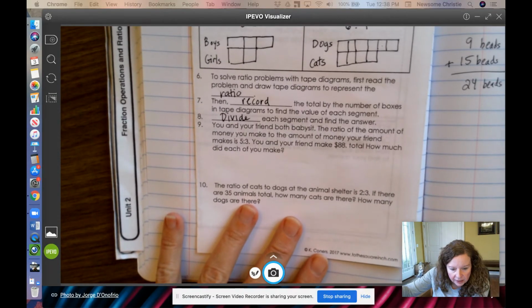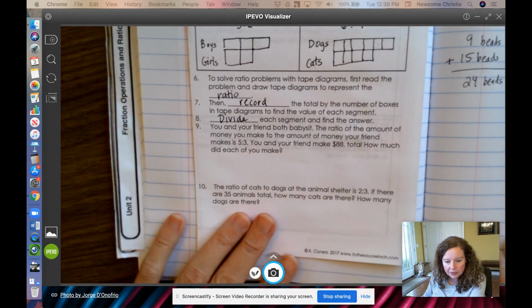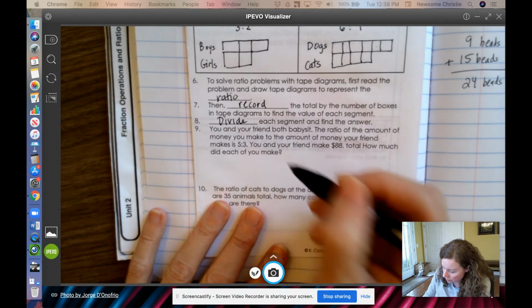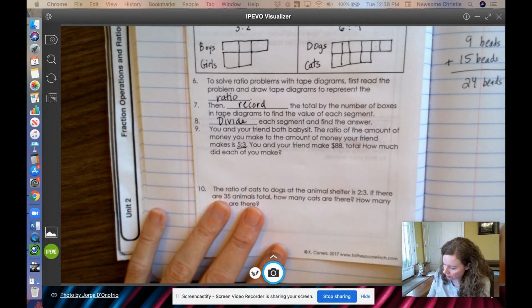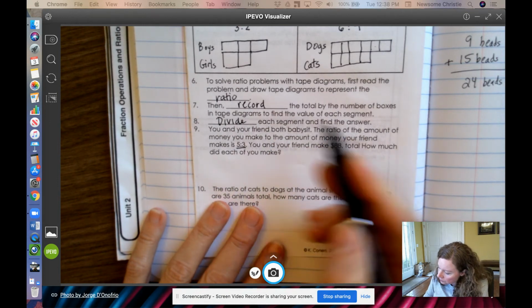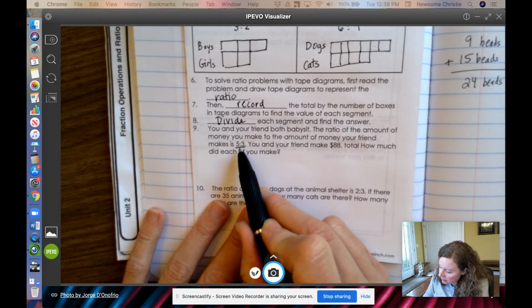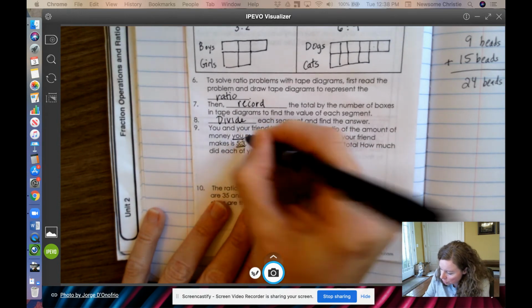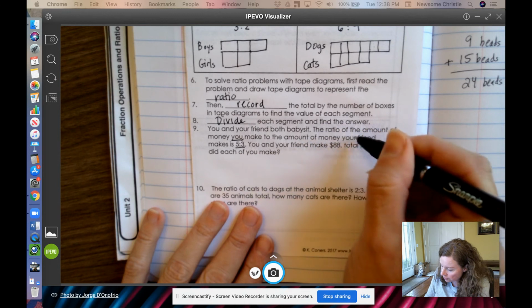So this says, you and your friend both babysit. The ratio of the amount of money you make and your friend makes is 5 to 3. So there's our ratio, 5 to 3. I'm reading carefully to know if it is 5 me or 5 my friend. So the ratio of the amount of money you make to the amount of money your friend makes.